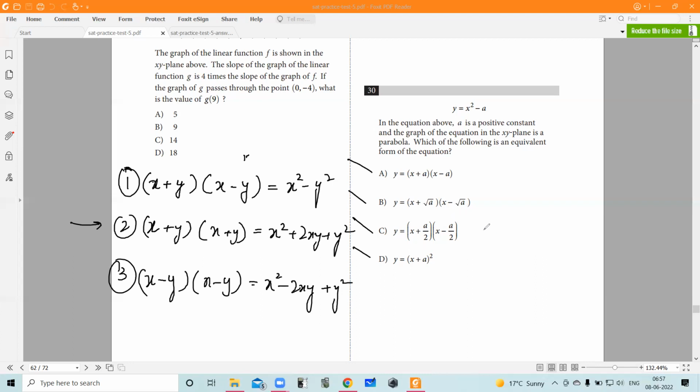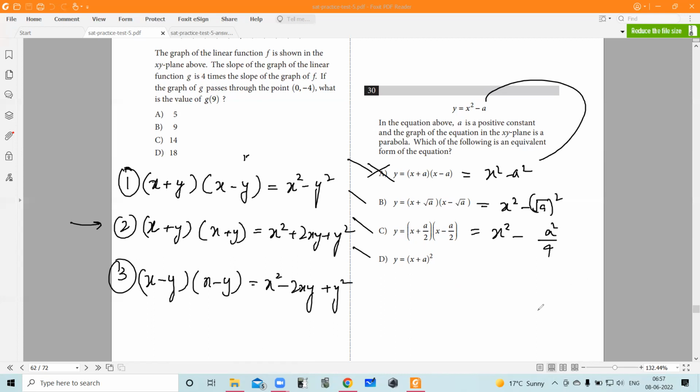x squared minus a squared. Yes, it'll be x squared minus a squared, and that is not the question. B would be x squared minus a, which we know is right. C would be x squared minus (a over 2) squared, that means a squared over 4.